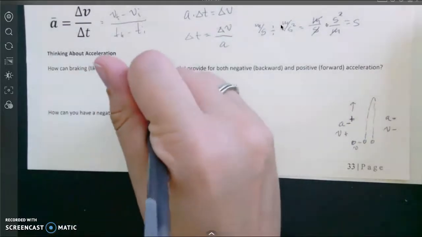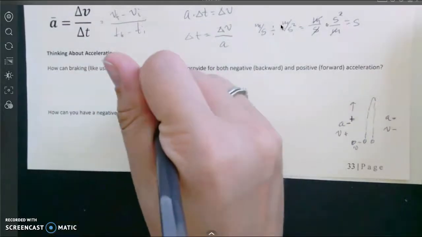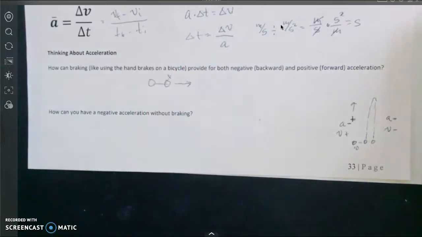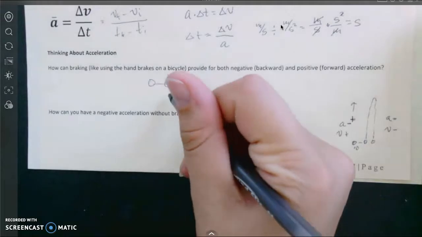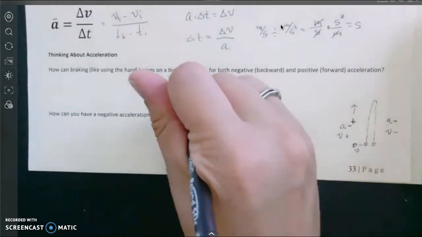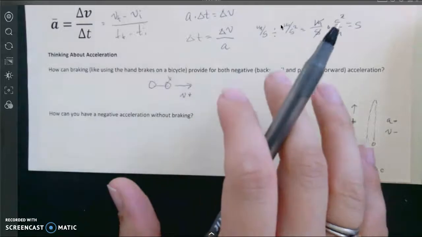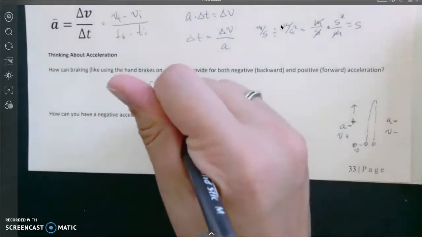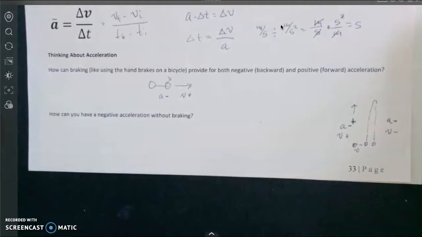If my bicycle is headed this direction, and then I slam on the brakes, my velocity was positive, but then I pull on that brake, and so that acceleration would be negative, and so that would make the bicycle come eventually to a stop because we have opposite signs there, right?